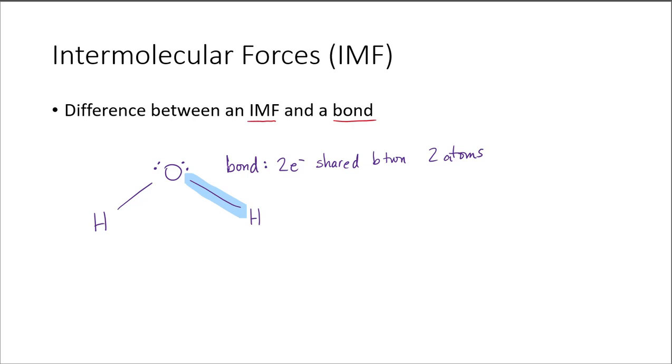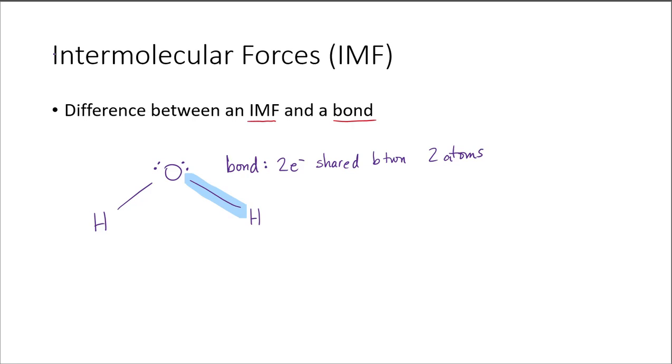Now, it's a polar covalent bond. Two electrons are shared between the atoms. They're going to spend a little more time around the oxygen, but there are still two electrons being shared. That, to me, is a bond, when two electrons are shared. To be honest with you, you can have a one electron bond. Things get really weird when you have one electron bonds. But a bond, at the least, is when you have shared electrons.